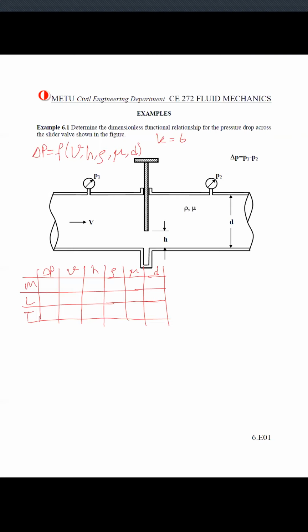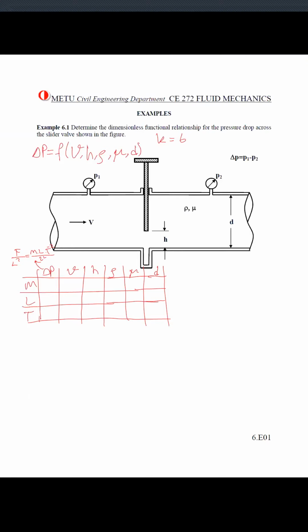Please note that the dimension of pressure can be obtained from force over area, which is length squared, and force can be obtained from mass times acceleration, which is L over t squared, so L t to the minus 2 over L squared.